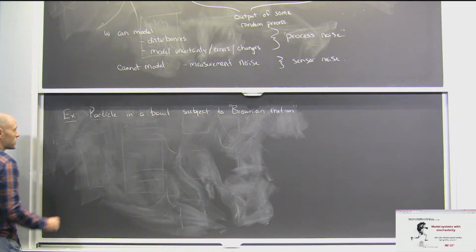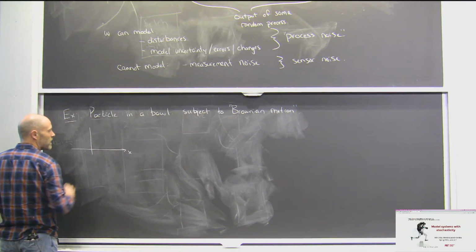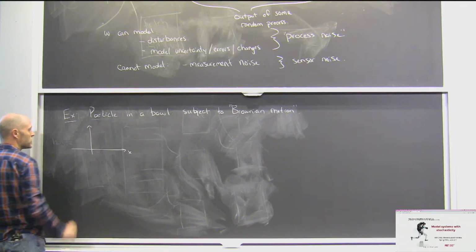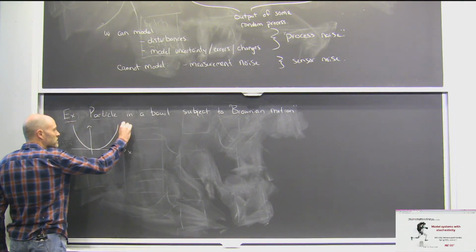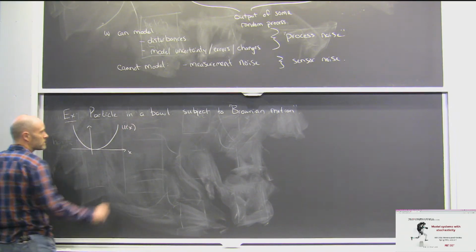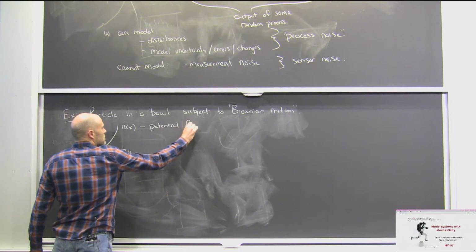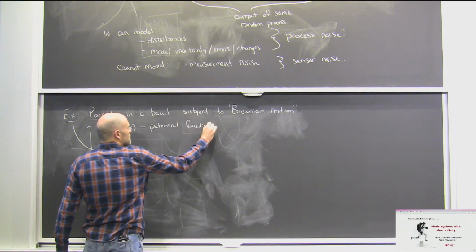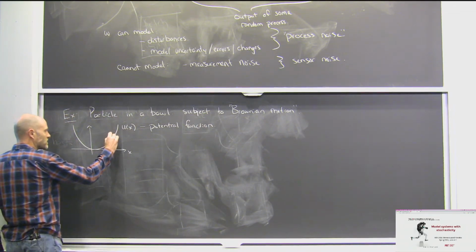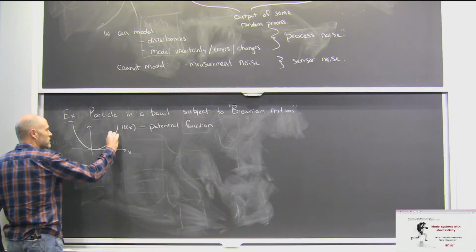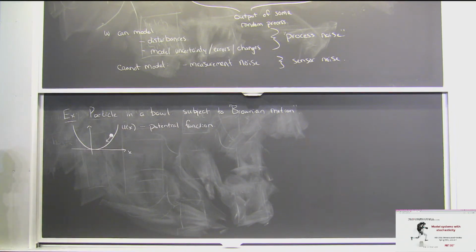So this is the picture I'd like you to have in your head, that I've got some state x, and I've got some potential function, call it u of x. And you could think about a particle or like a marble or something that's rolling around in this potential function, and in general it wants to go downhill.